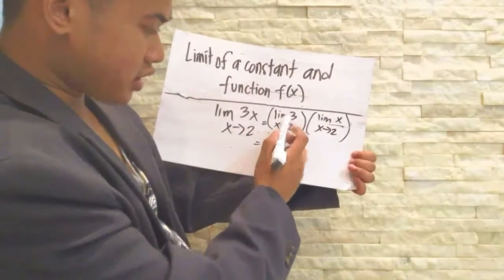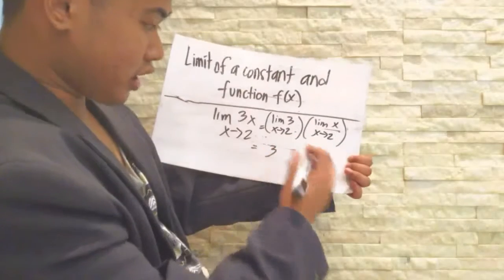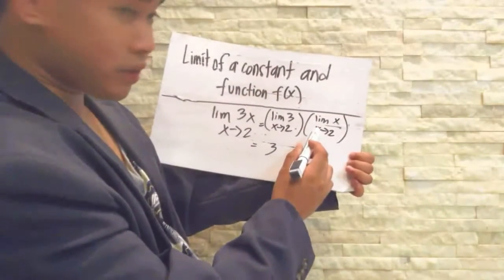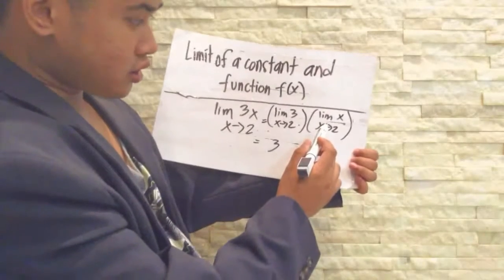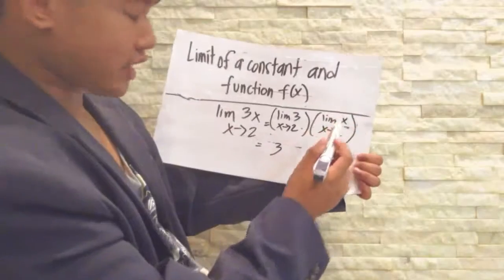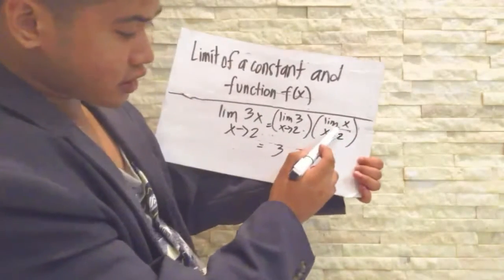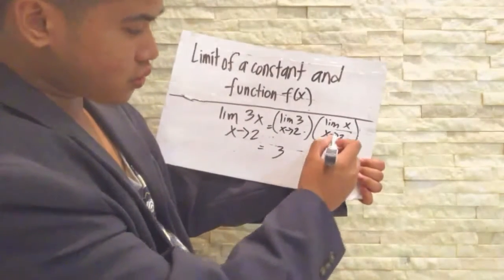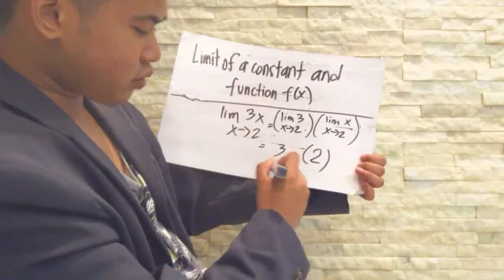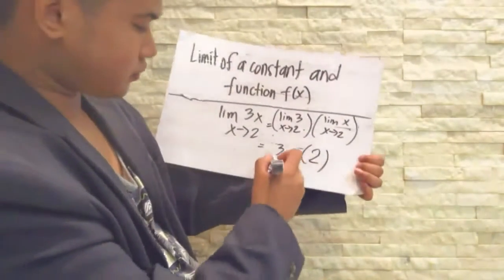The constant here is 3, so we will put down 3. The second one, we will follow rule number 2, limit of function of x. The constant given here was 2, so we will bring down 2. We will multiply them, then we will get the answer 6.